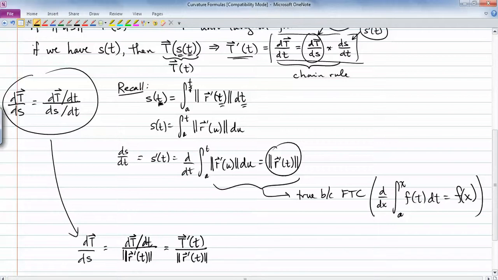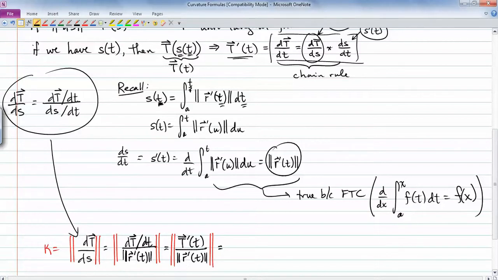Okay, so if I wanted the magnitude, now remember, this is almost the magnitude. This is almost curvature. Curvature is defined as the magnitude of this. So if I throw a magnitude here and a magnitude here, this is my curvature. Well, the magnitude of a magnitude is just the original magnitude.